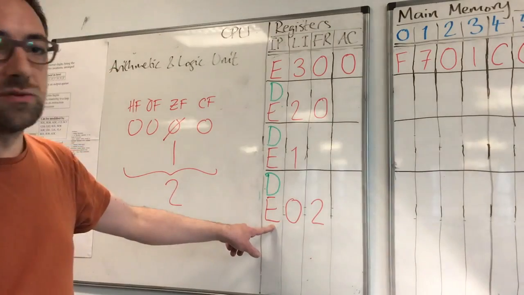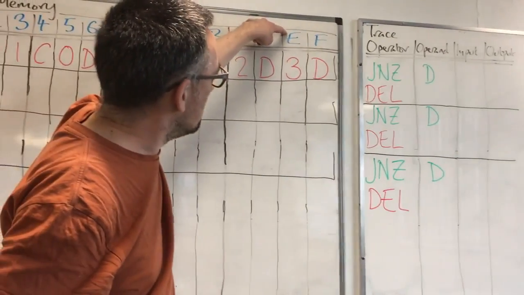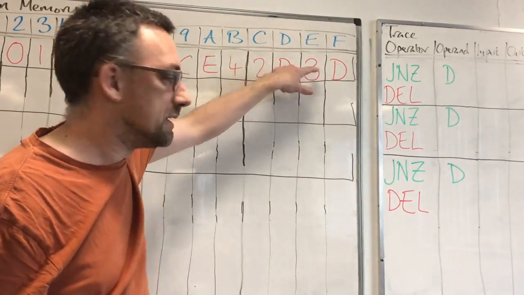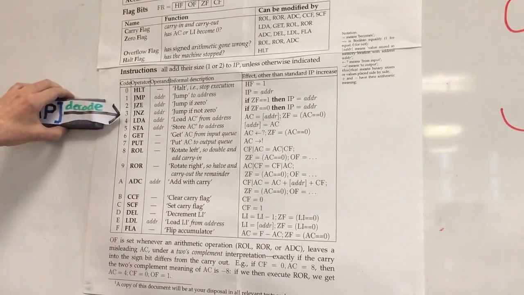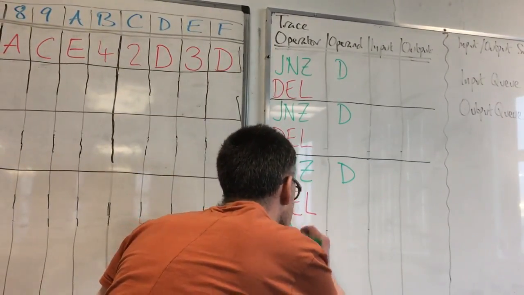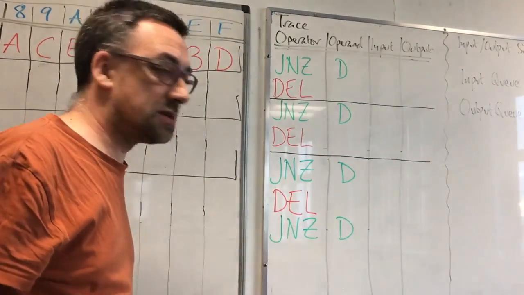We see the instruction pointer is E, so we look in main memory at E, and once again we see that the opcode is 3. Decoding that, we find that the instruction is jump if not 0, which takes an operand, and from memory we can see that the operand is D, so it's jump if not 0 to D. But what does that do?